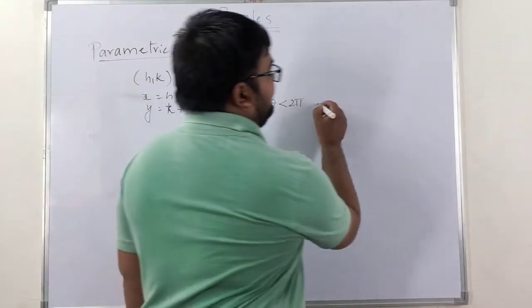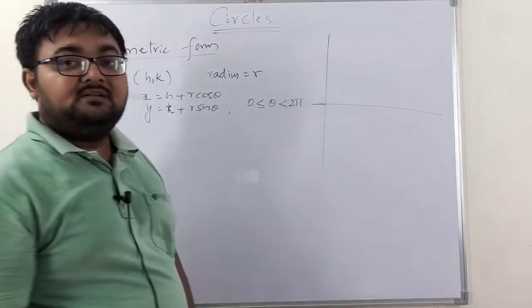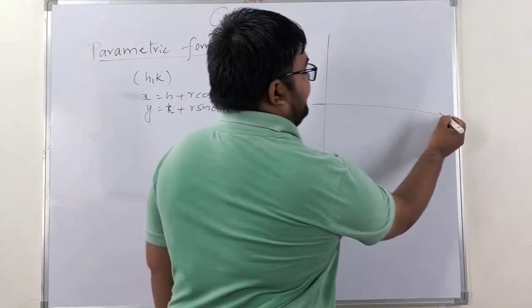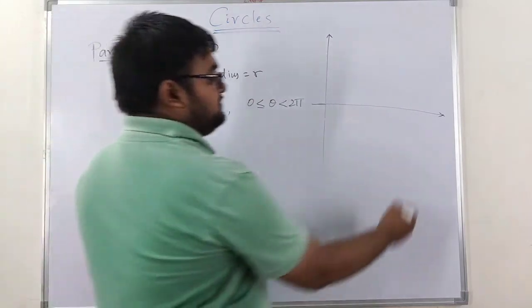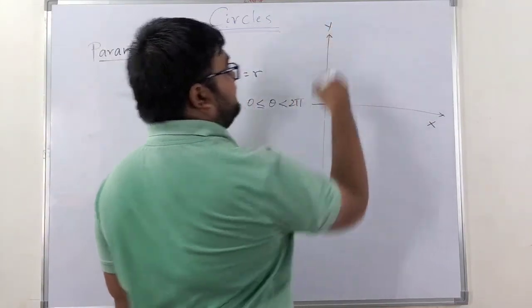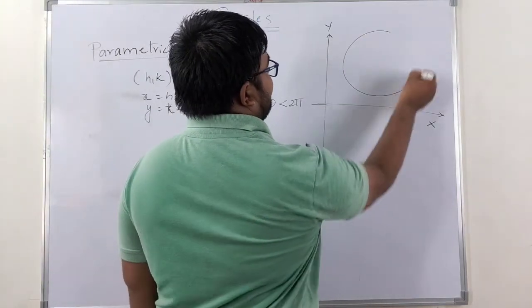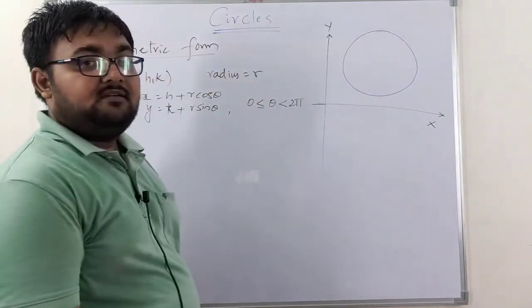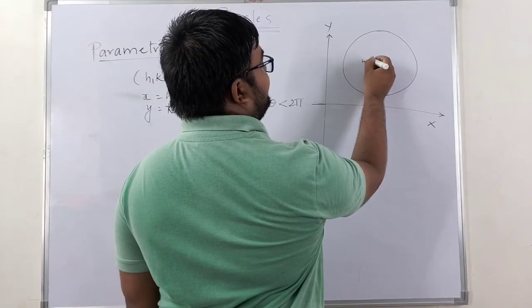Now let us see this parametric form. Let us consider the coordinate system. This is my x axis and this is my y axis. In this x axis and y axis, I am considering a circle which has its center at h comma k.